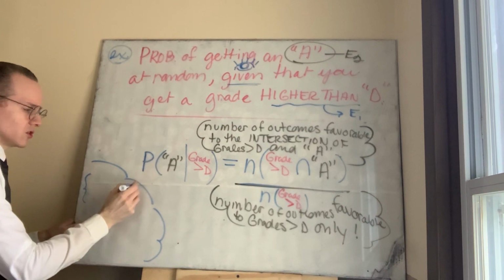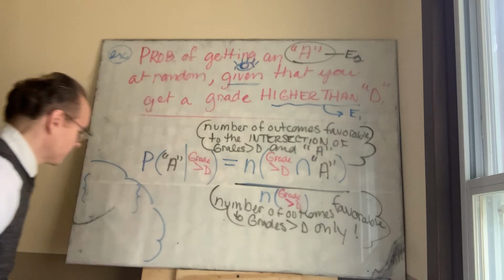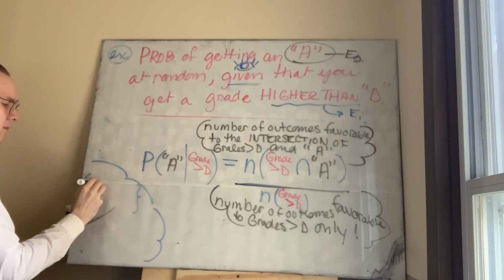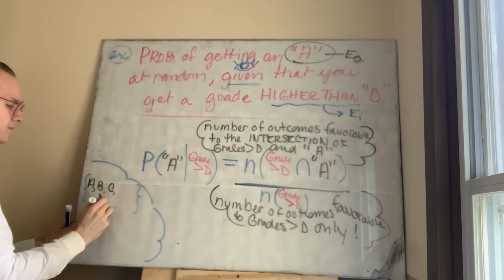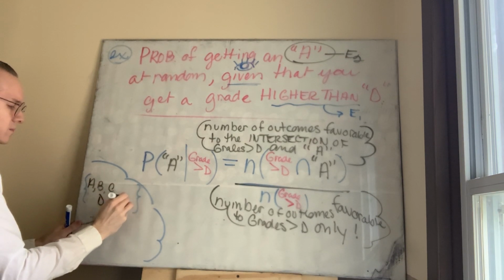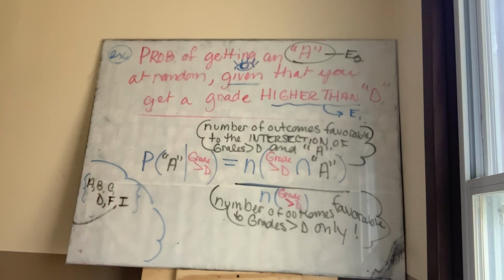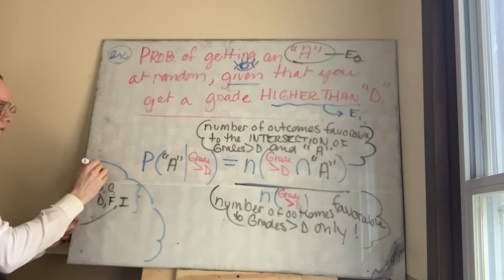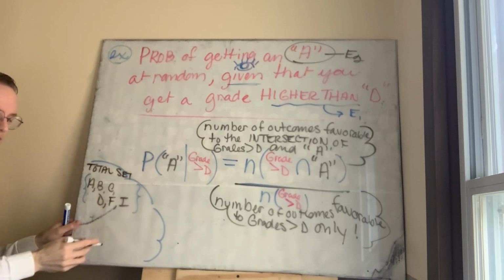Suppose these are the options for grades: A, logically, B, C, D, F, and let's perhaps say incomplete. This is the total set, the sample space.